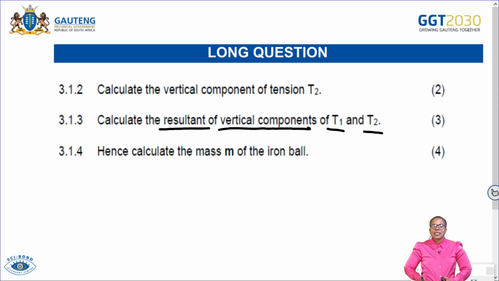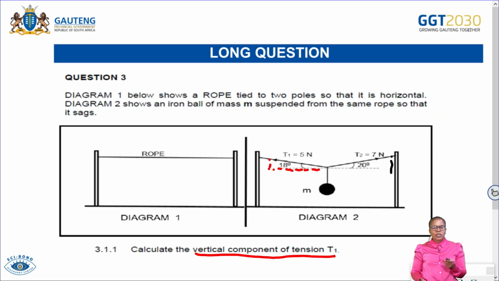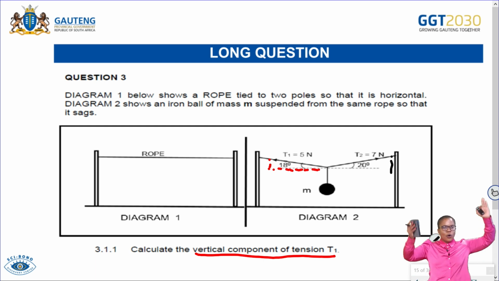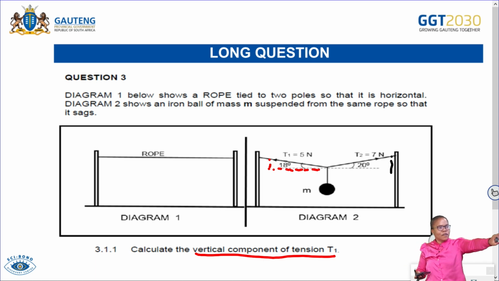3.1.4 says, hence calculate the mass m of the iron ball, the iron ball that is sagging. Let us look at the diagram. Now we know the resultant that is going up. What is the mass of this?